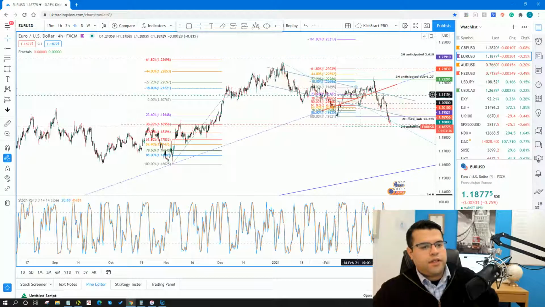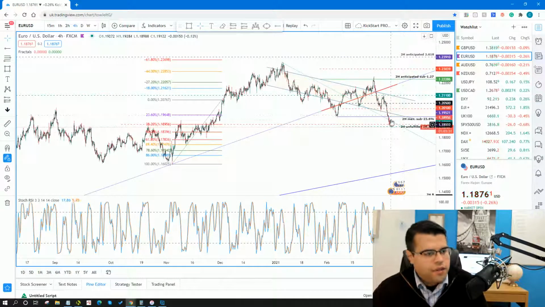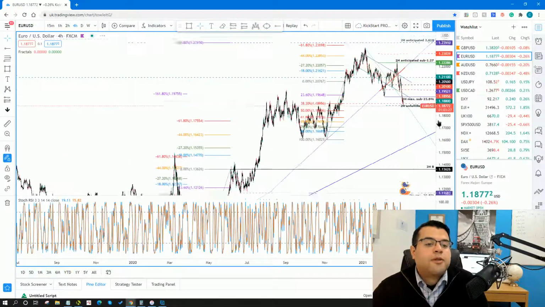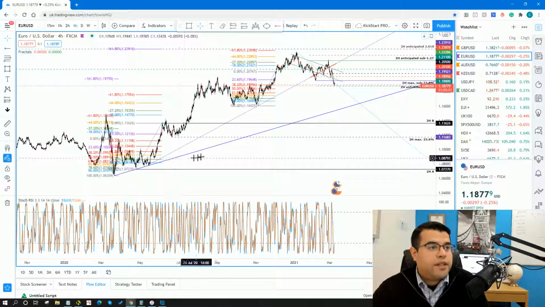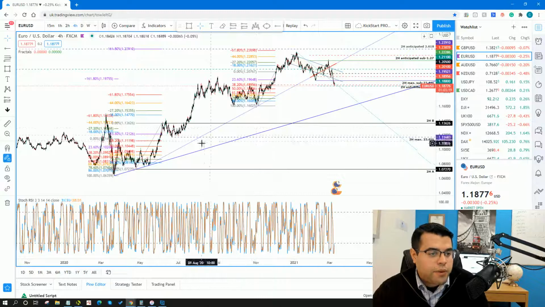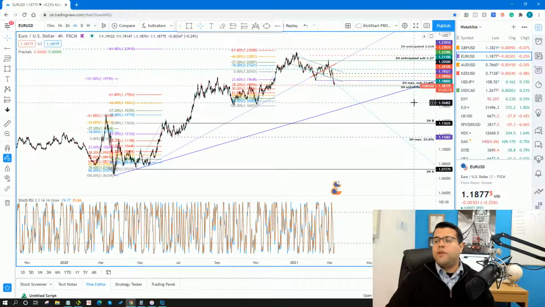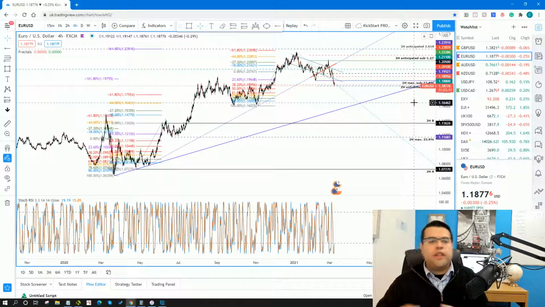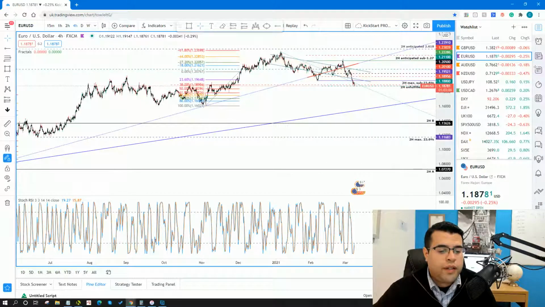So first of all, there's a nice little sub crown there, which just indicates that there's good potential for this to continue selling off. The second thing that tells me that there's good potential for this to continue selling off is, of course, the fact that we have this secondary trend line right here, right? So we broke the innermost, and as I teach you inside of the Ultimate Forex Trading course, anytime we break the one trend line, the market likes to make its way to the next available, and that's what we see happening here.